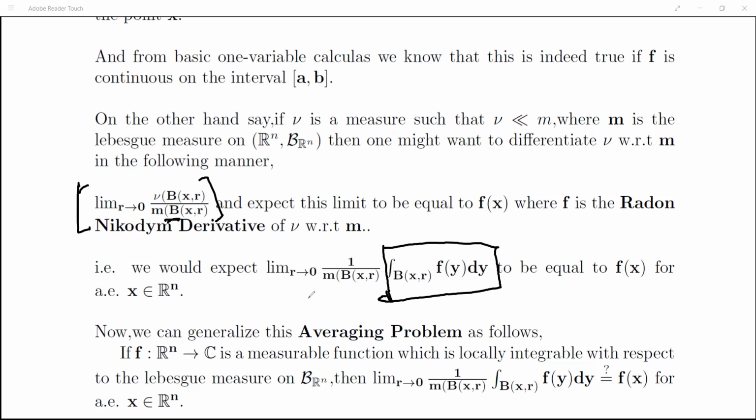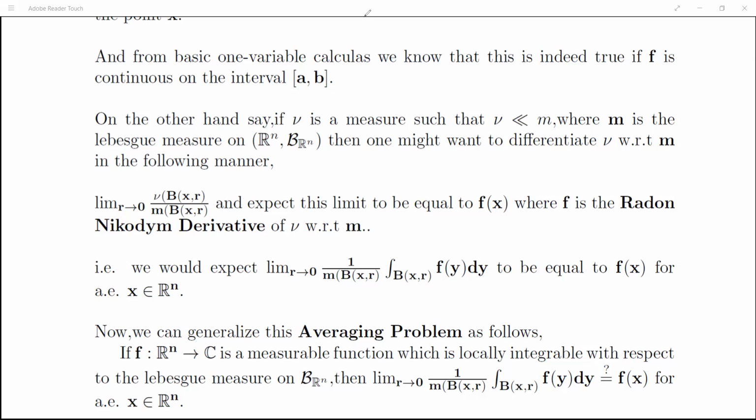So you are basically comparing nu and m, nu and your Lebesgue measure on the open ball, and your limiting ratio is the Radon derivative. So you can actually calculate your Radon-Nikodym derivative in this way.